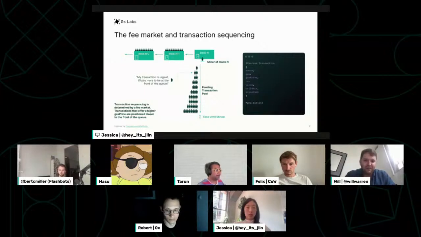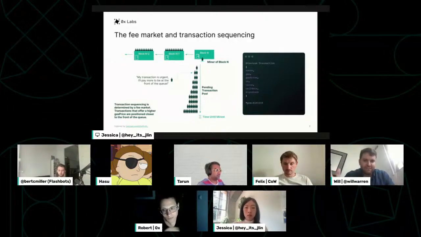And what happens is that if there is, say, a $100 risk-free arbitrage opportunity, then theoretically an MEV bot should be willing to pay an amount of transaction fees that approaches $100.